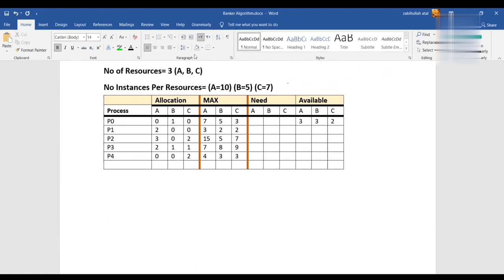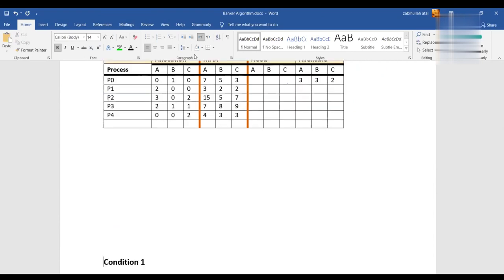Okay, guys, just give me 1 minute. Okay, guys, so we want to find the need amount of resources, okay?